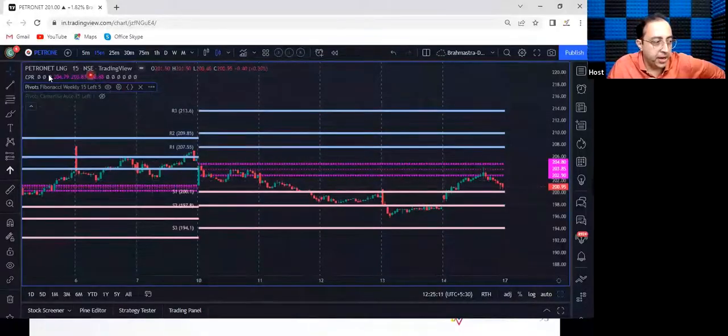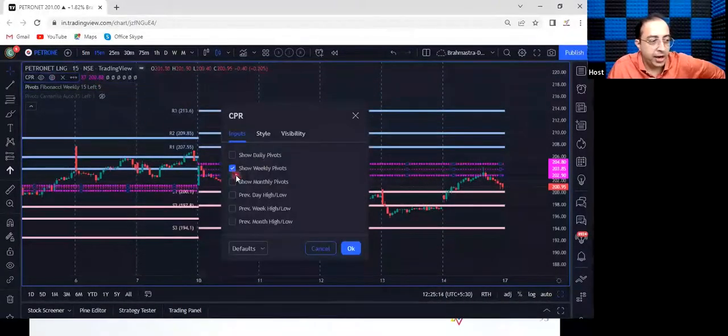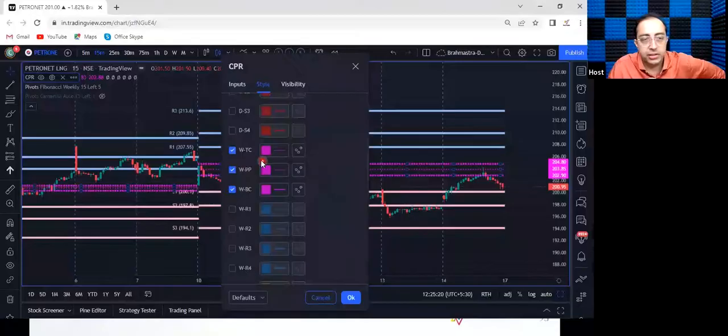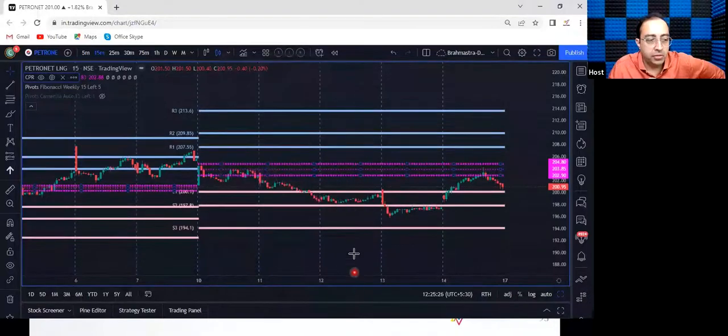Then on my CPR, I have ticked show weekly pivots and in the style section selected weekly TC, weekly PP, which is pivot point, and weekly BC. Now when I do OK, I get this structure which is spread across the entire week.